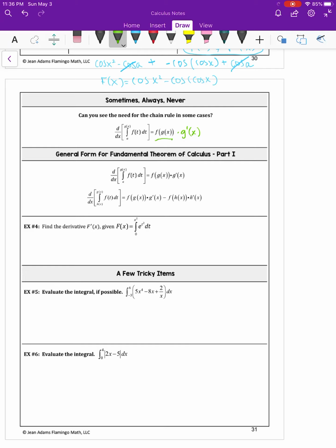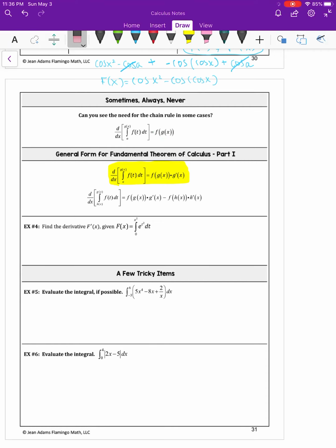If it has a derivative of anything other than 1, you have to multiply by that derivative for this to be true. So the general form for Fundamental Theorem of Calculus Part 1, the derivative of the integral, is this, okay? So there it is.